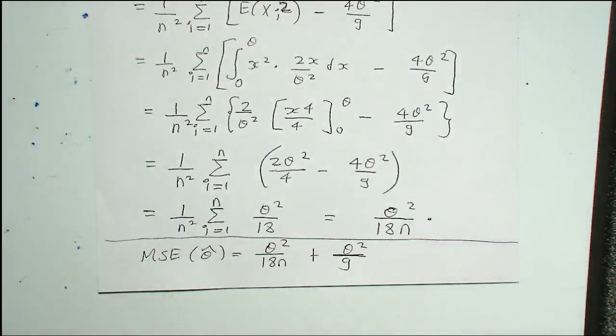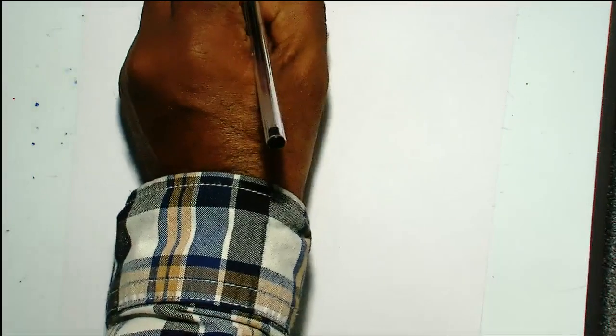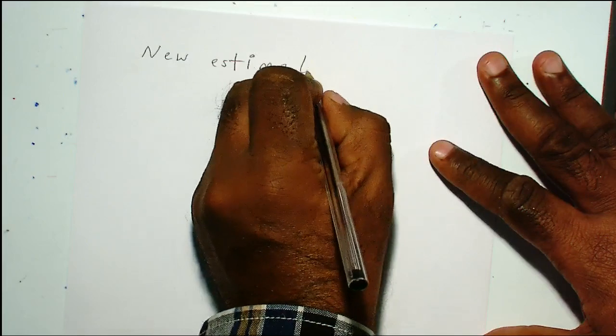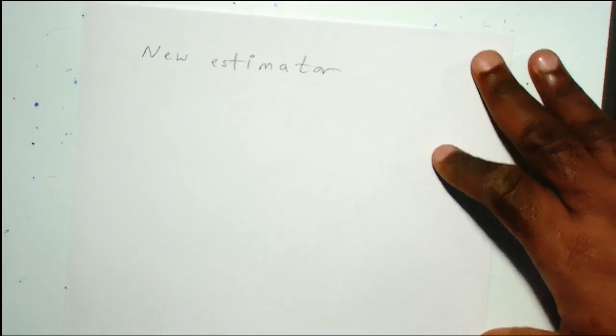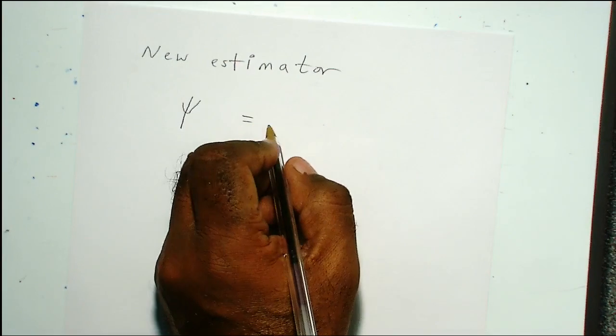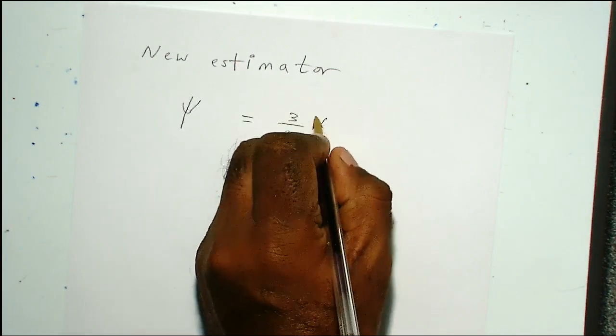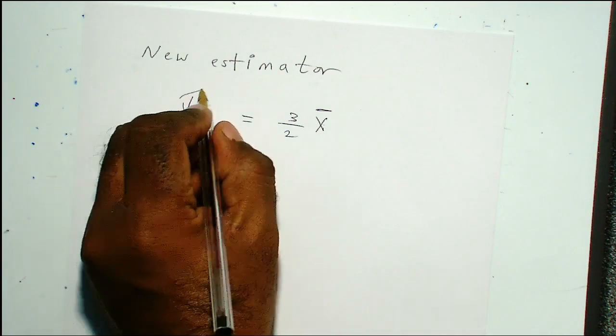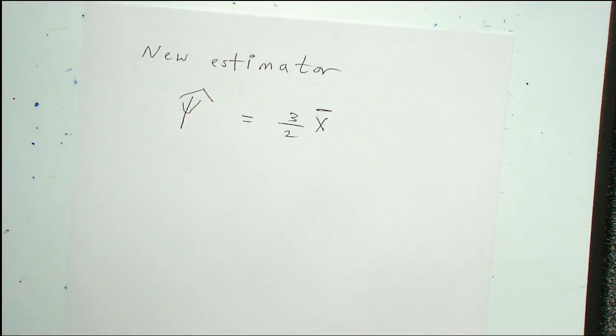So the new estimator, if you call it, say, psi, you can define it to be 3/2 times x bar. Now, in this case, you can be sure that the bias will be equal to 0.